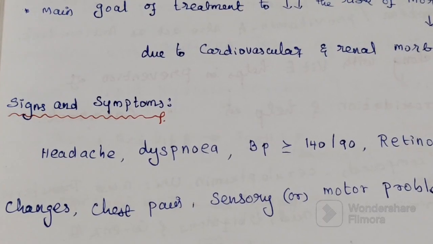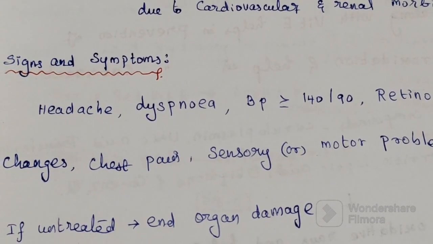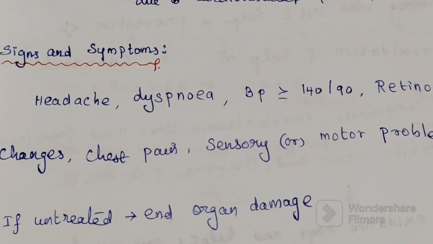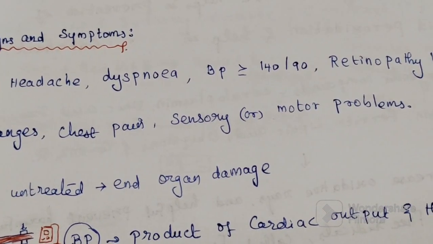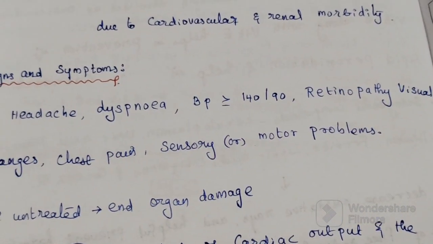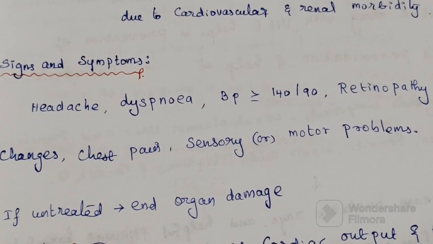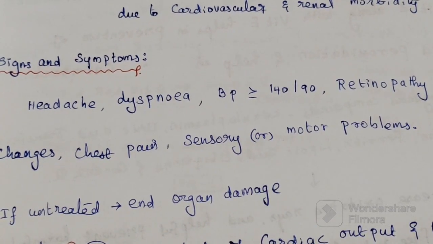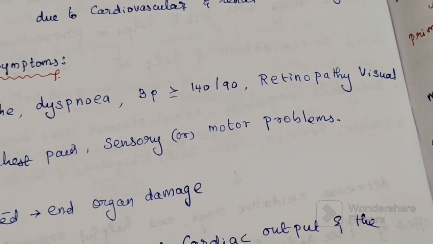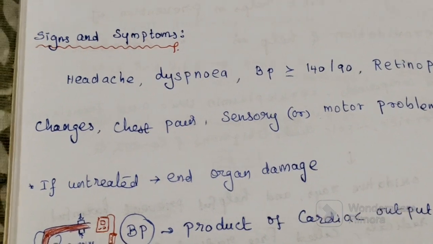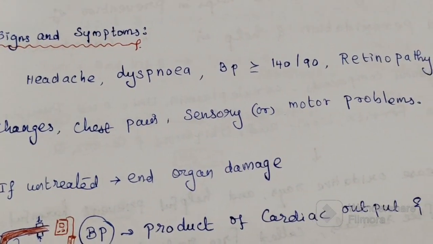The signs and symptoms of hypertension include headache, dyspnea, blood pressure more than 140/90, then retinopathy, visual changes, chest pain, and sensory or motor problems.